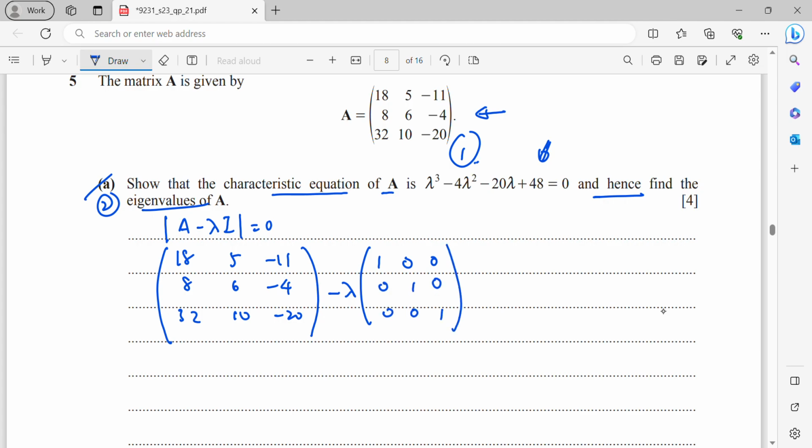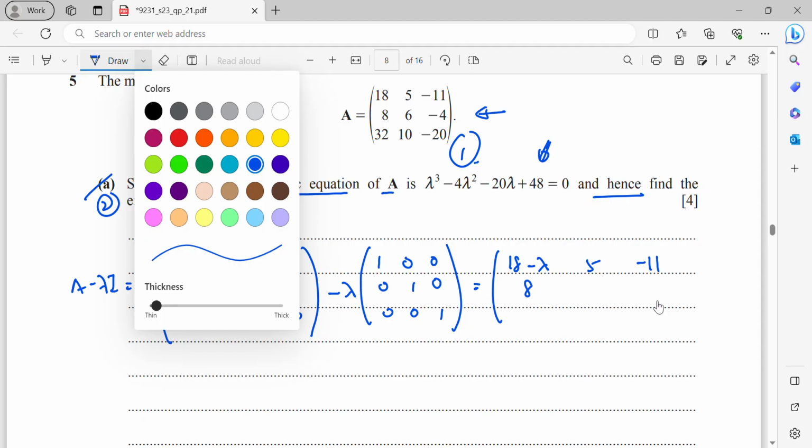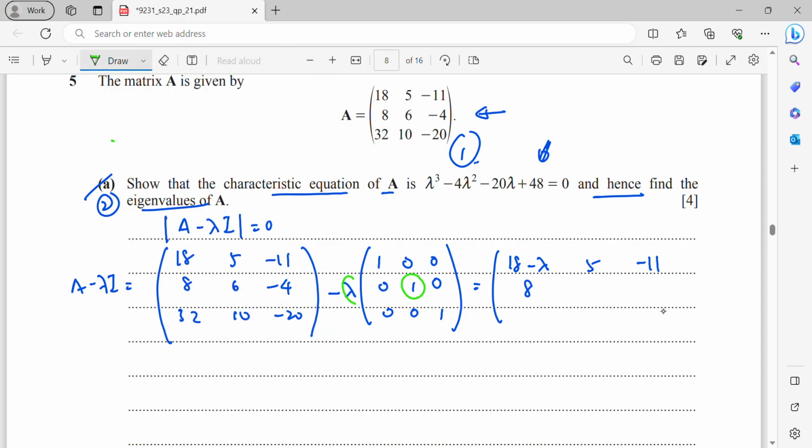Okay, I will start with the A minus lambda I matrix first. Here is going to be 18 minus lambda, then 5, then minus 11. Then 8, the middle term you multiply by lambda, that means this is going to be minus lambda from the existing value, so 6 minus lambda, minus 4.